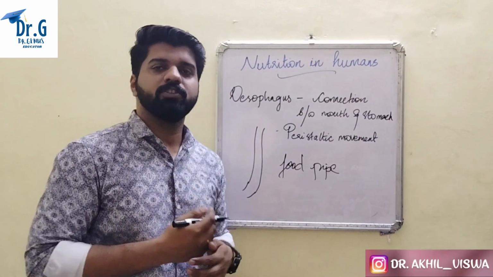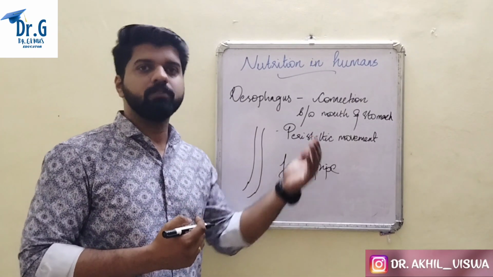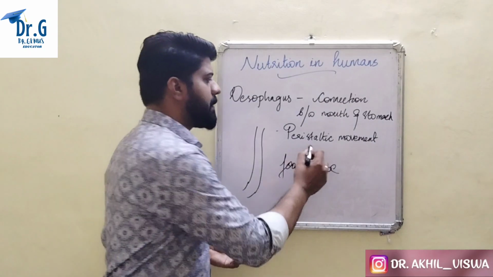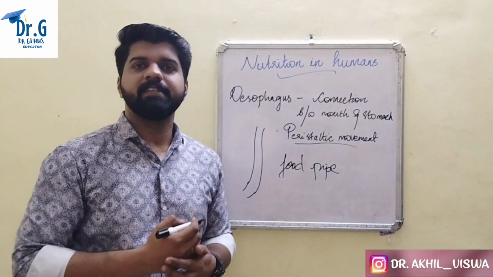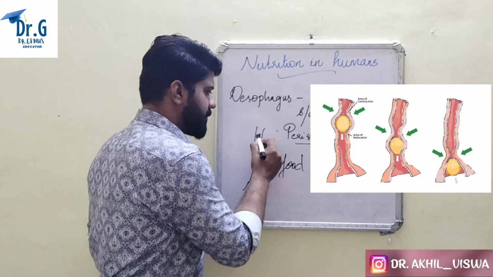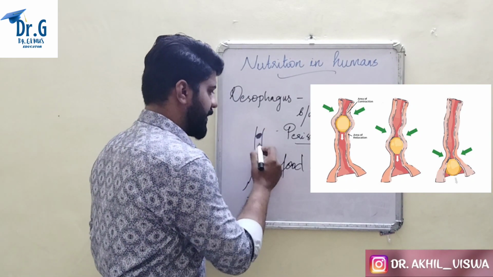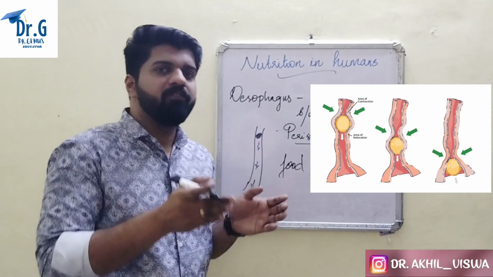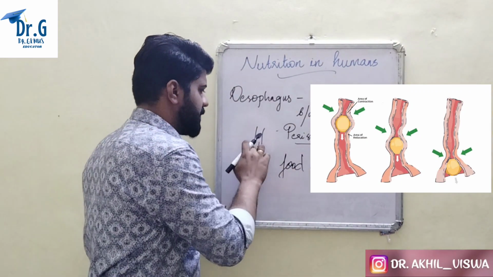The function of the esophagus, as I already told you, is the movement of the food from the mouth to the stomach. What do you mean by peristaltic movement? Peristaltic movement is the movement of food materials from the upper side of the esophagus to the lower side with the help of muscle contraction.